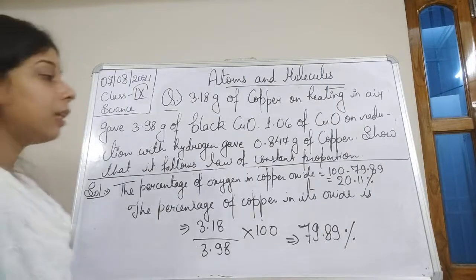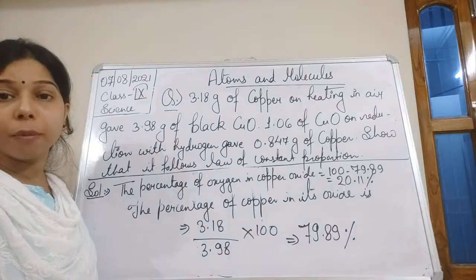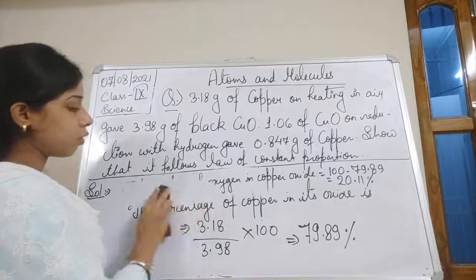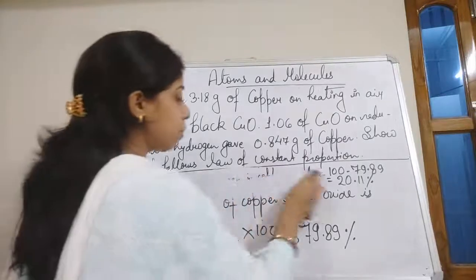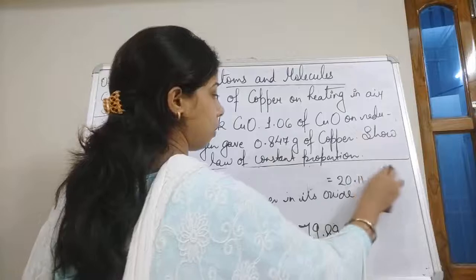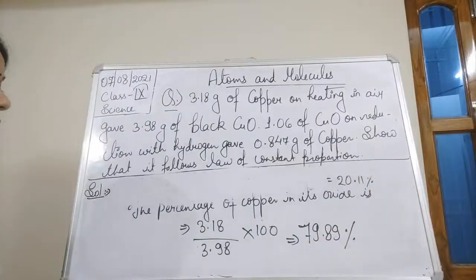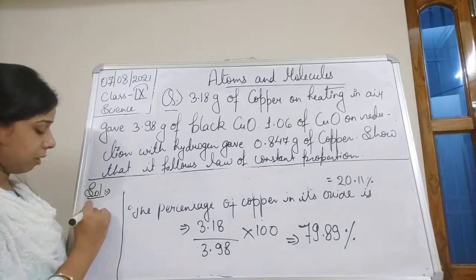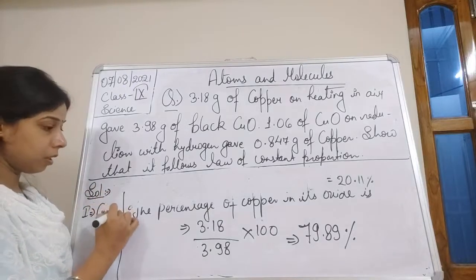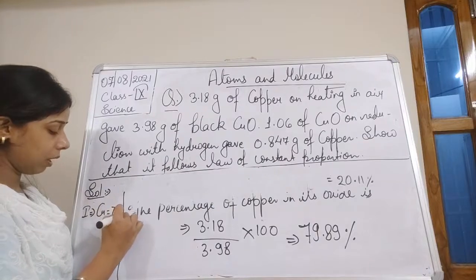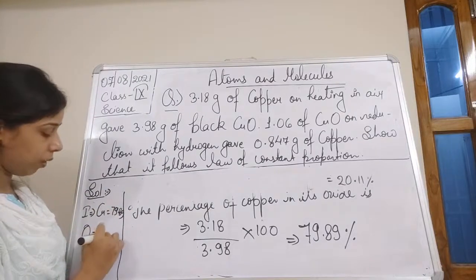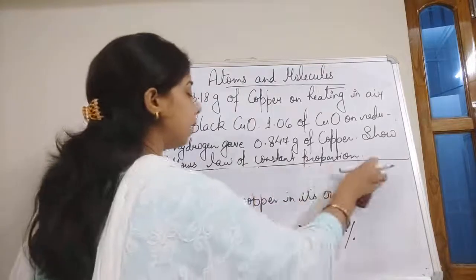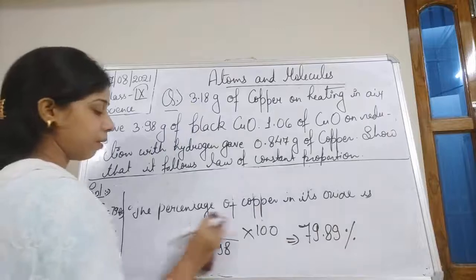So I am writing it here in order to memorize it: in the first case, copper percentage is 79.89 and oxygen is 20.11. Now we are going to find it in the second experiment.